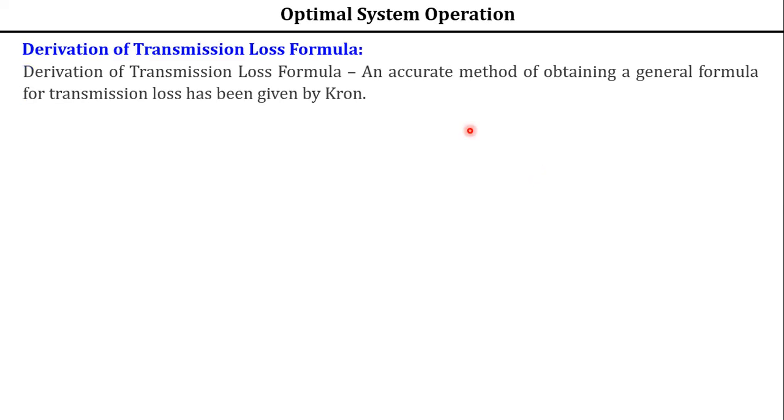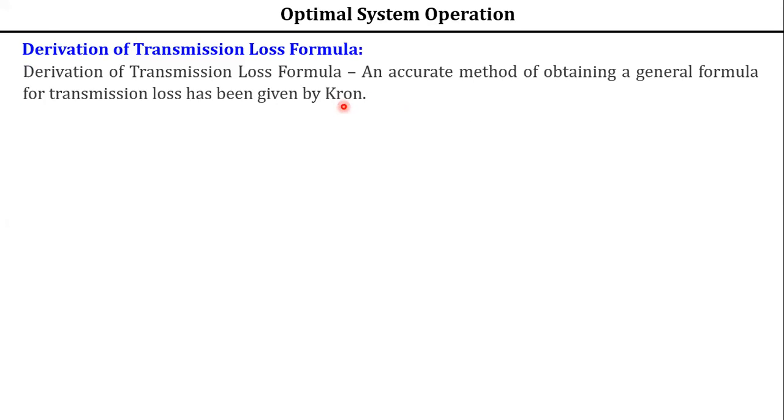Why I am giving the scientist name Kron: in competitive exams they will be asking who has given the accurate transmission loss formula, objective type questions. For that purpose I have mentioned the name here. I have seen some competitive exam questions. This accurate, general transmission loss formula has been given by Kron.